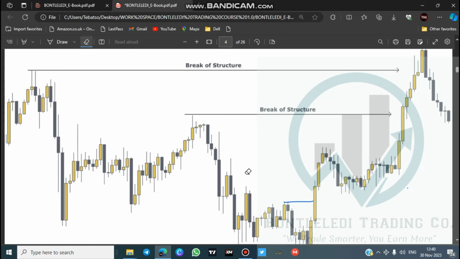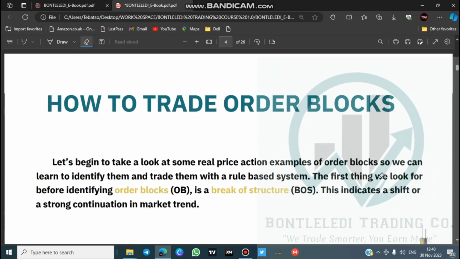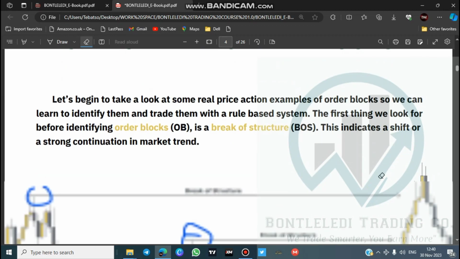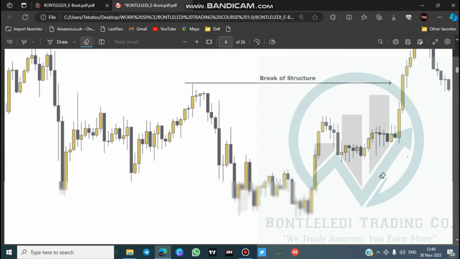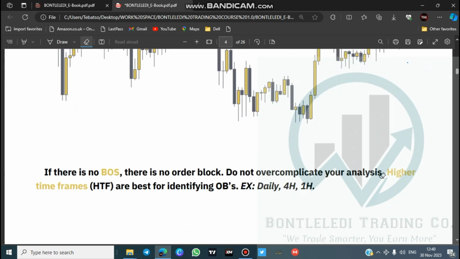So now, if you were to look at this example, where will you draw your order blocks? Because the topic says how to trade order blocks, right? How you're going to trade order blocks. So the next thing that we're going to do: if there is no break of structure, there is no order block, guys.